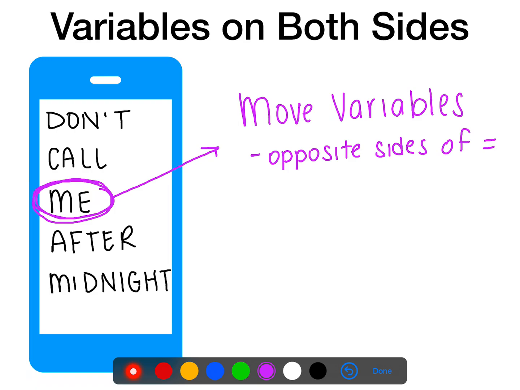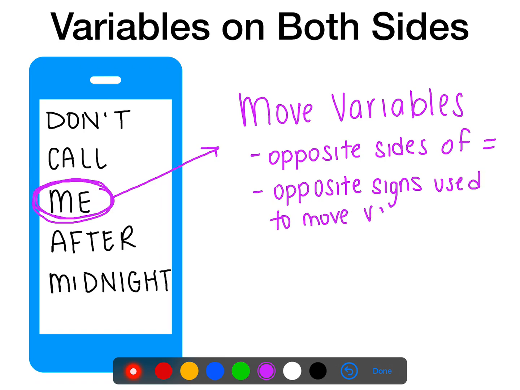In order to move them, since they're on opposite sides, we're going to use opposite signs. So we use the opposite signs to move the variables to the opposite side of the equal sign.